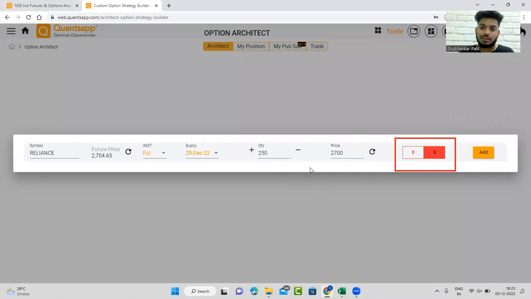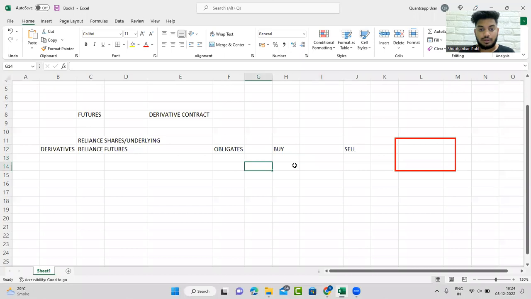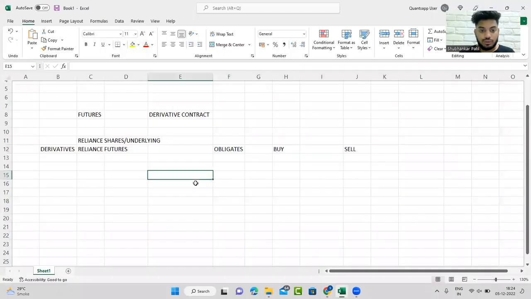Now the question remains: when? So you will buy or sell the shares only on the predetermined future date, which is 29th of December. Okay, so two things to know.